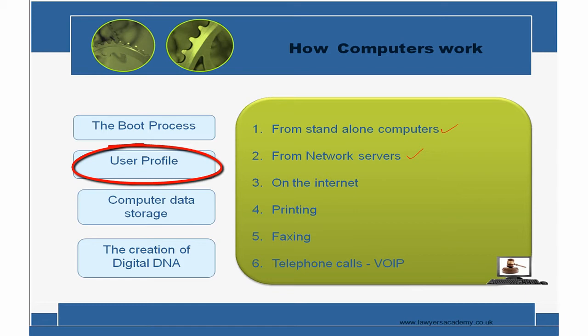Was there an identifiable user profile on the computer? Was the computer in question connected to the internet? Was the computer in question a standalone computer? Was the computer password protected?